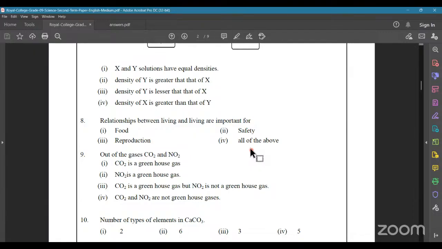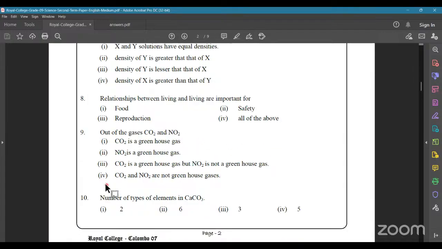Also small animals may live near bigger ones for safety. And reproduction: plants depend on insects or birds for pollination. Pollination means plant reproduction, so this is also a relationship between living and living. So the answer is all of the above.